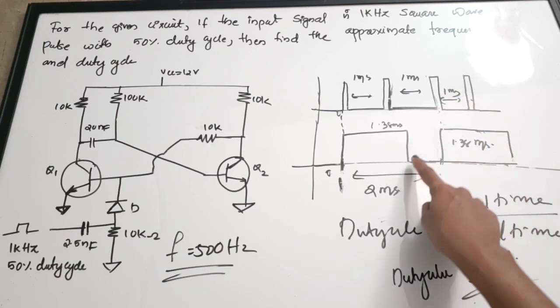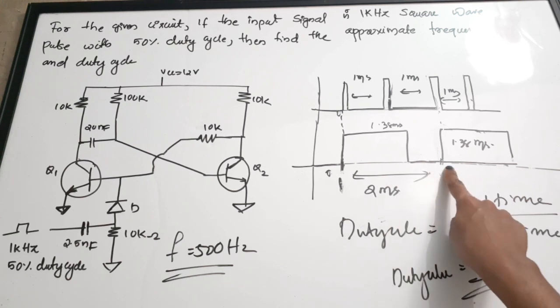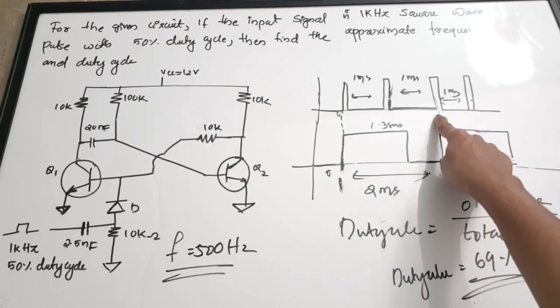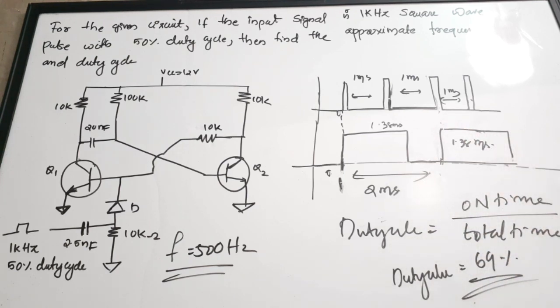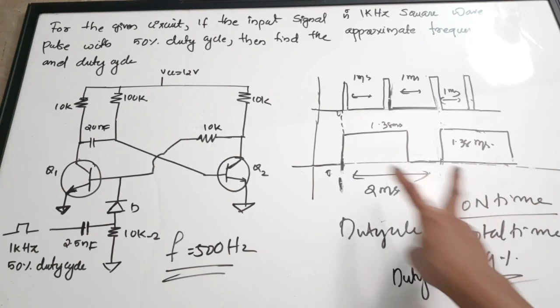So in this position the wave has settled to the stable state, and at that time the third triggering pulse has come, then it will shift to the unstable state, and again it will stay for 1.38 millisecond. So this much information we require for calculating the frequency and the duty cycle. Frequency is 1 by time period.